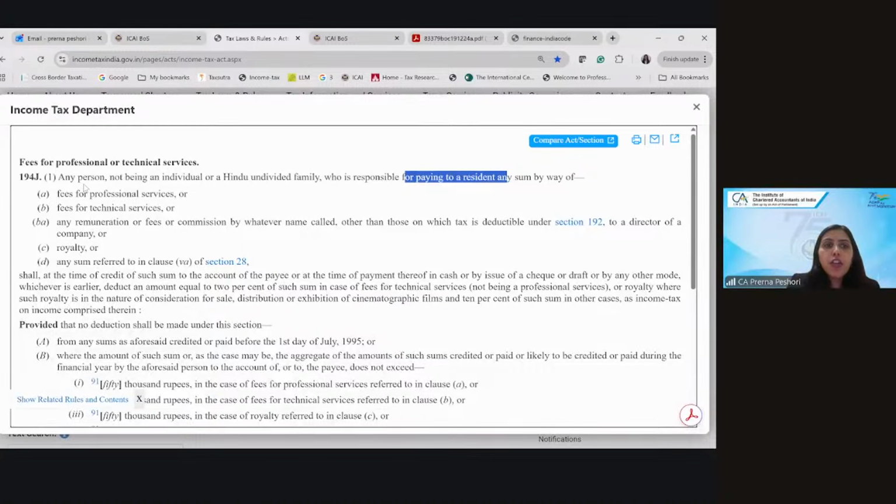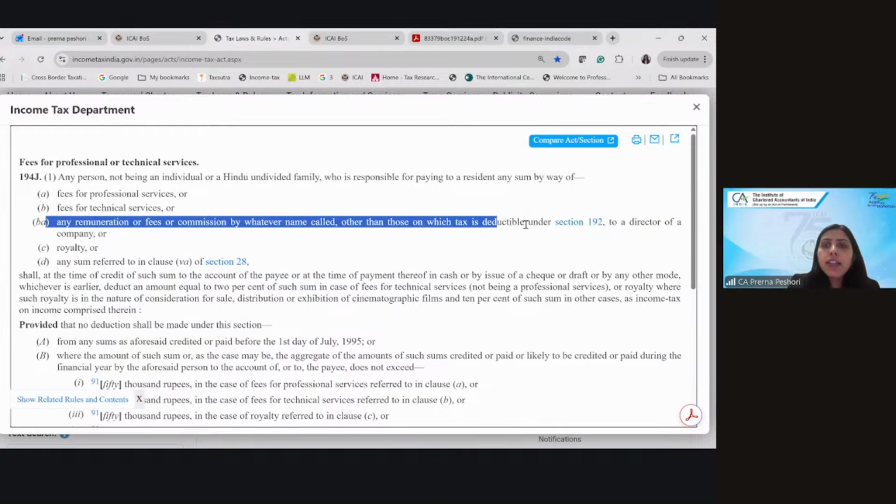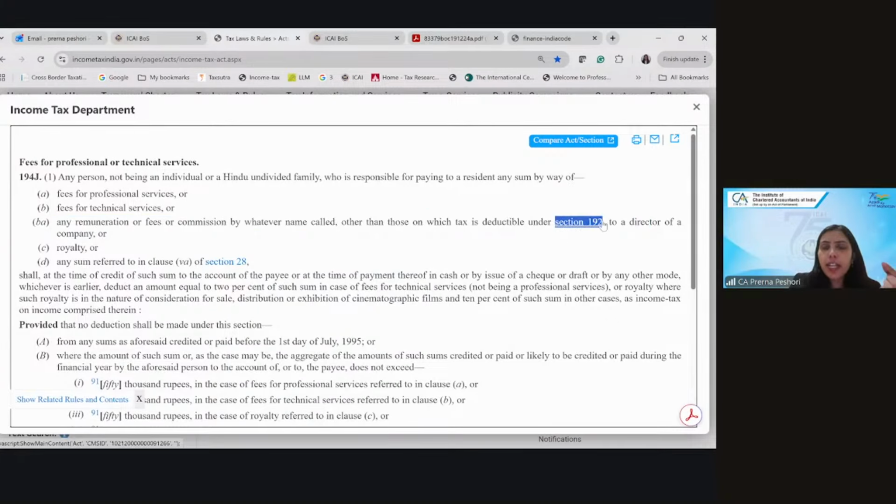Any sum by way of fees for professional services, fees for technical services, remuneration or fees or commission by whatever name called, other than those on which TDS is deductible under 192, to a director of a company. So if the director is an employee, the TDS will be under 192. If the director is working as a professional, the remuneration that he earns will be under 194J. Royalty or any sum referred to in 28(5)(a).